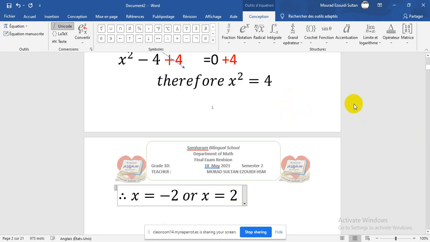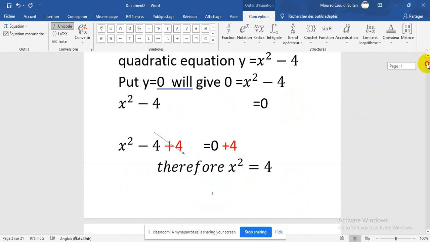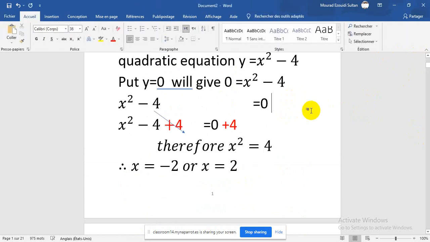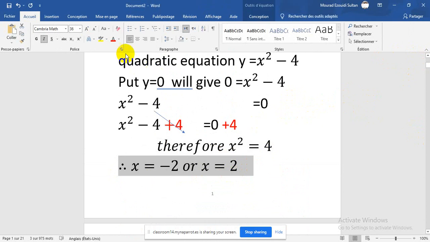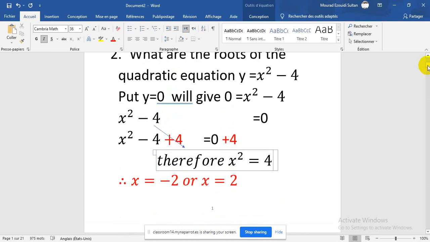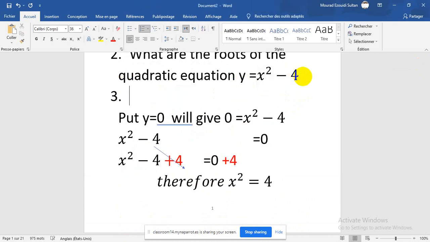So this is the solution. This is the first method.